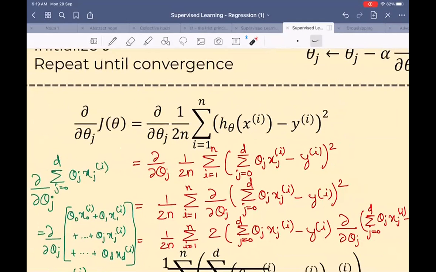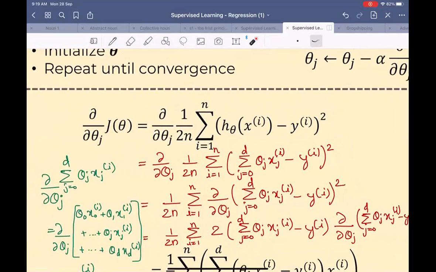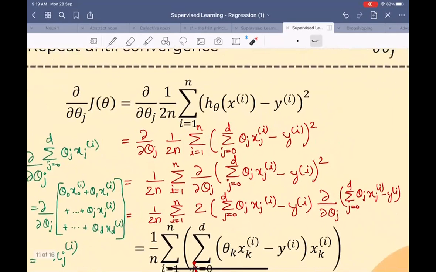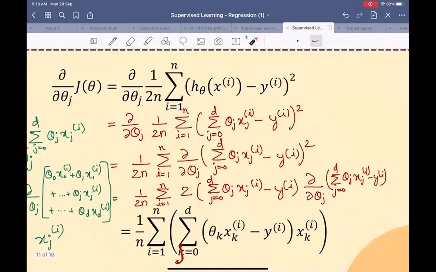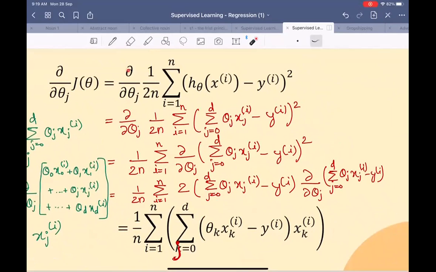Now, the derivative of this cost can be found very easily. Let's look at that term. We take the partial derivative with respect to theta j. Here we have just expanded this term: instead of h theta of x i, we have expanded this to the summation of theta j x j from j going from 0 to d.